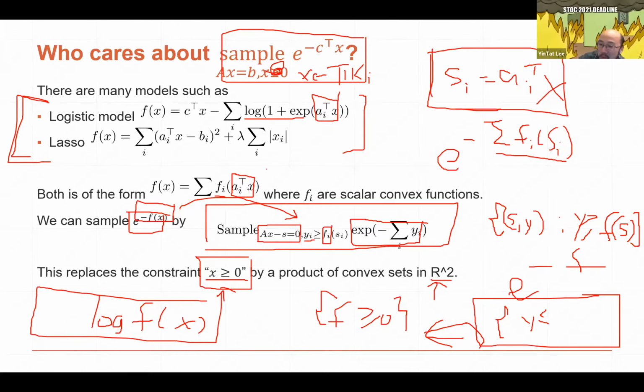One barrier people use in practice is just log F. It will not be self-concordant, but sometimes it still works. I don't know for this sampling whether it will work if I just do that.